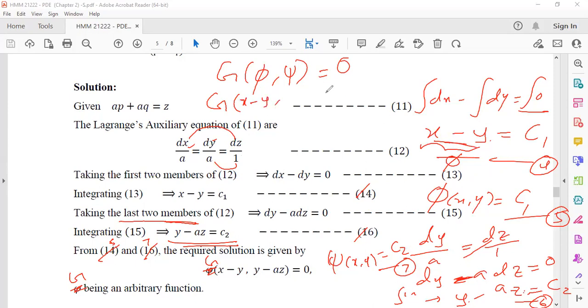Chi is y minus az) is equal to 0. This is our required solution. And then you have to say g is an arbitrary function. Understood? Hope you have written what I have told you.